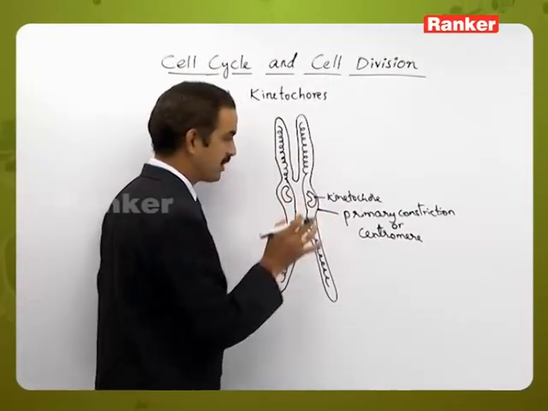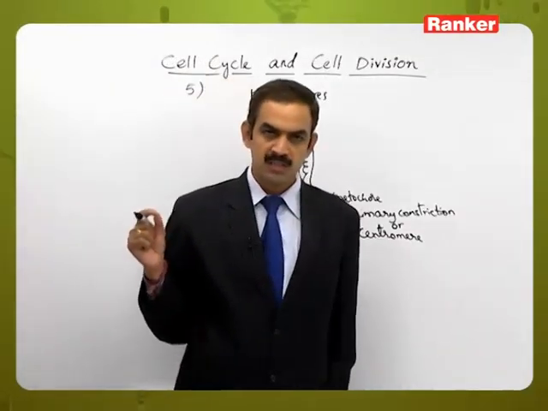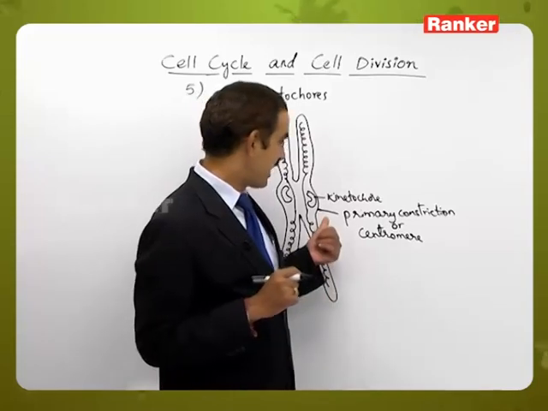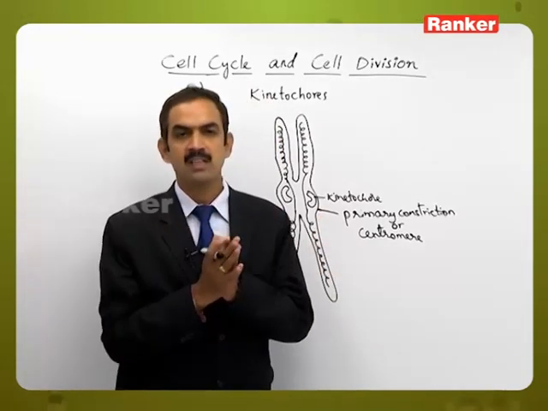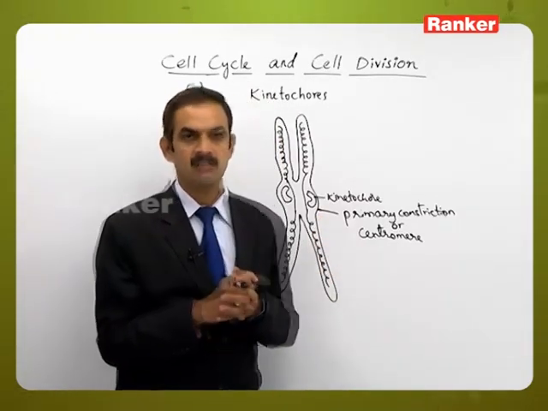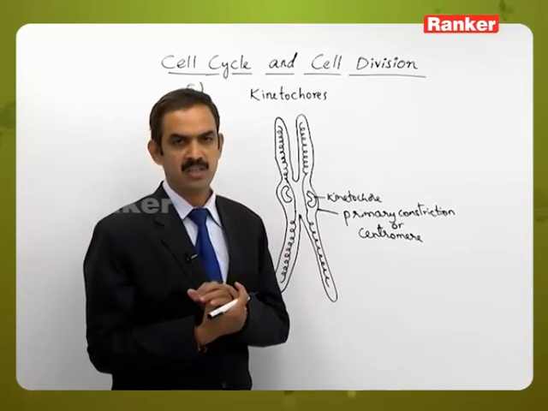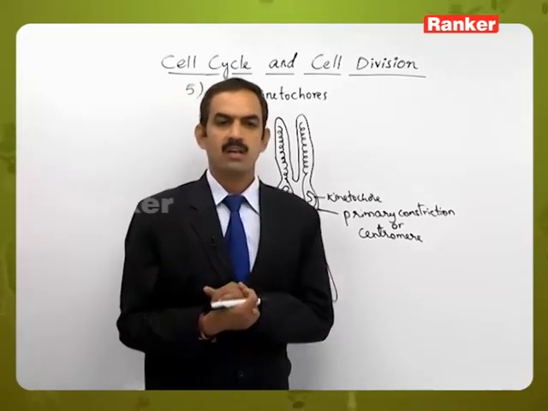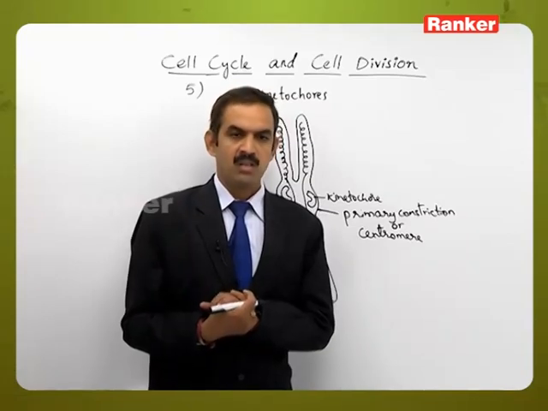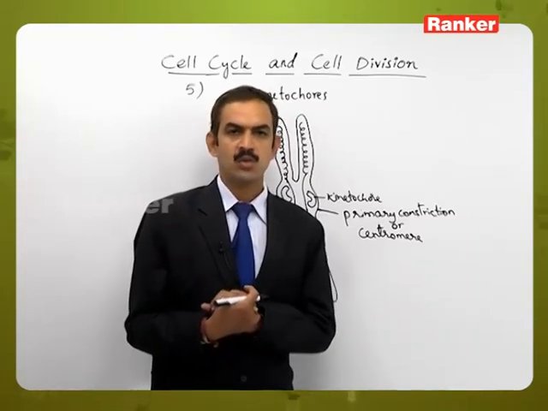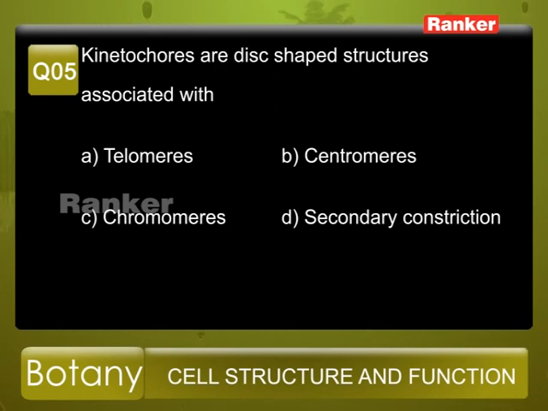Due to the presence of kinetochores, the spindle fibers will come and attach to the primary constriction region, which will help in the arrangement of the chromosomes on the equatorial region of the cell during metaphase. So kinetochores are the structures which are associated with centromeres. So from the given options, option B is the correct answer.